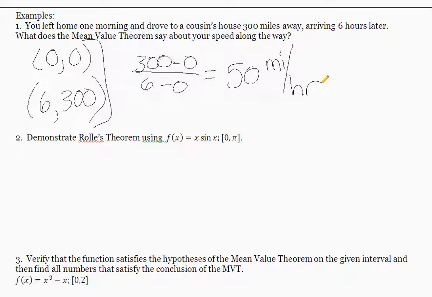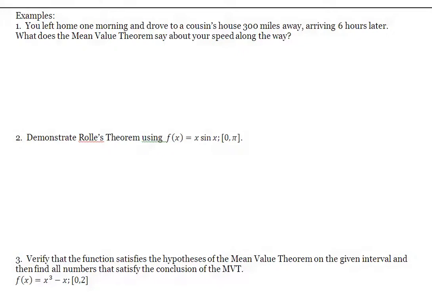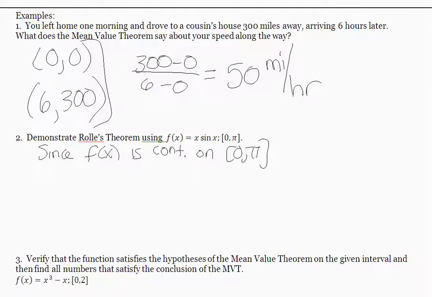Okay. Number 2, demonstrate Rolle's theorem using f of x equals x sine of x. So, first of all, I have to say what? Since f of x is continuous on 0 to pi, and differentiable on 0 to pi, then what must be true?